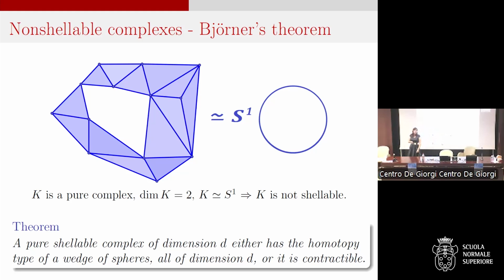Björner proved that a pure shellable complex of dimension D is always either contractible or homotopy equivalent to a wedge of spheres of dimension D. So whenever we have the homotopy type, we can say something maybe about not being shellable.